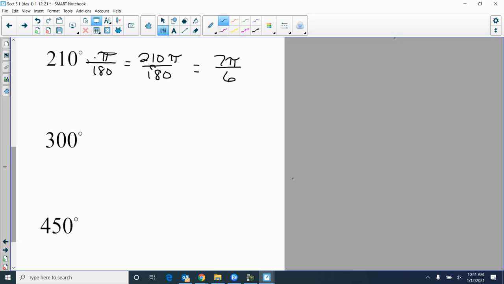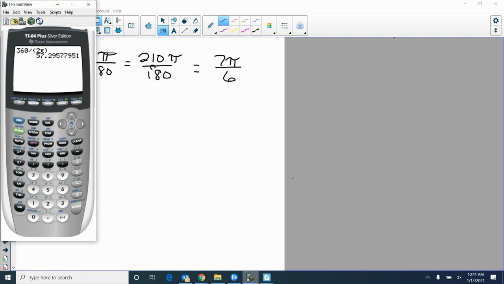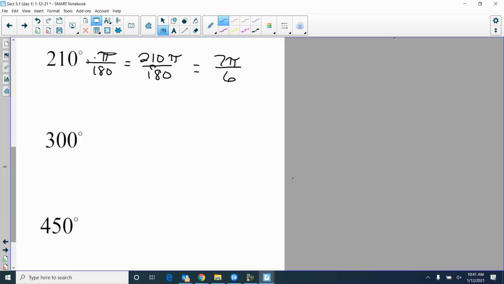Now, what is that as a degree? Well, 7 pi divided by 6, that would be the radians, 3.66 radians. 1 radian is about 57 degrees. All right, 300 degrees, what is that going to be?